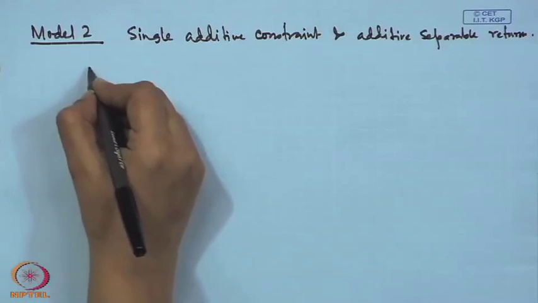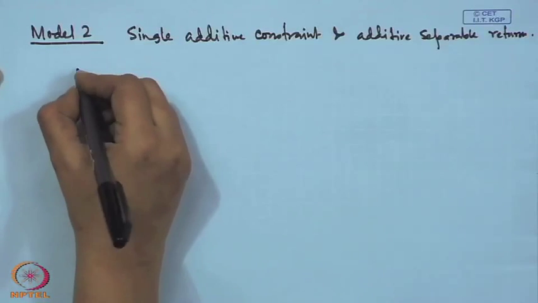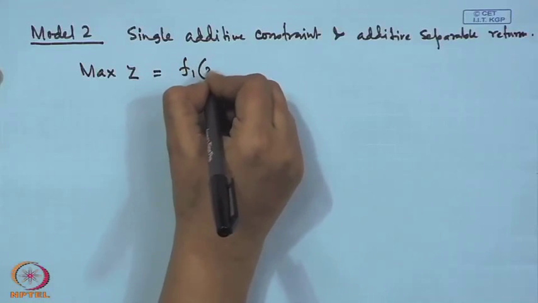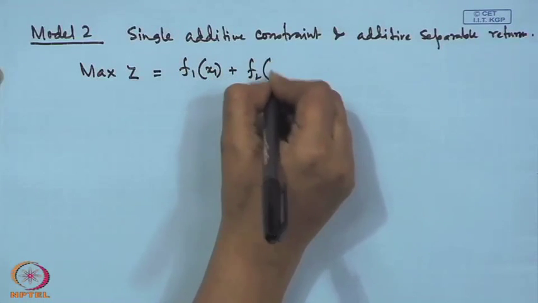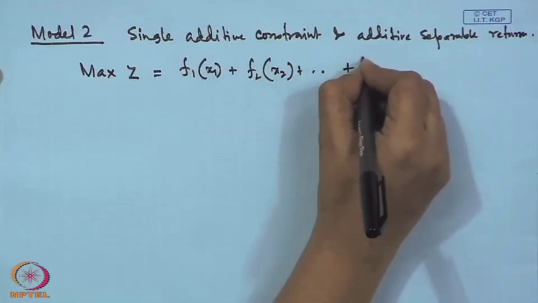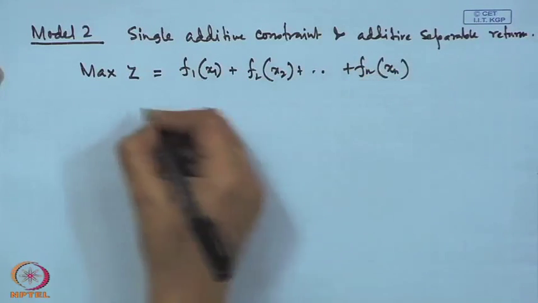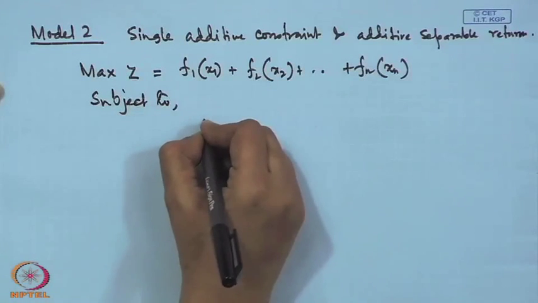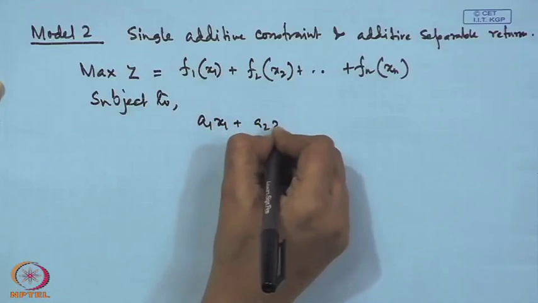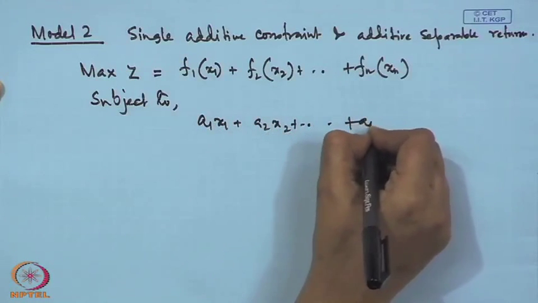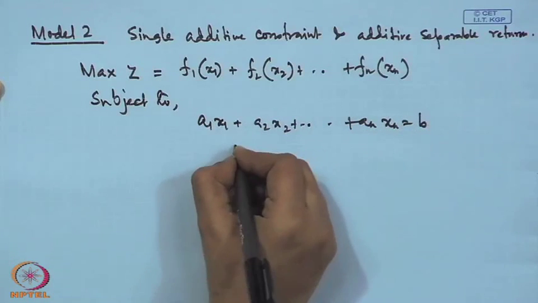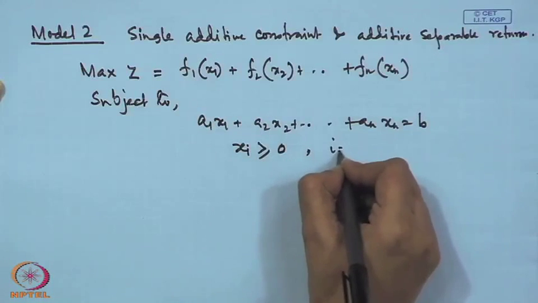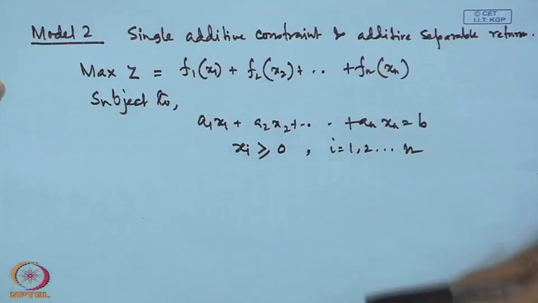Thus, the optimization problem can be considered as max z equal to f1(x1) + f2(x2) + ... + fn(xn), subject to a1 x1 + a2 x2 + ... + an xn = b, and xi's are all non-negative, that is, non-negativity constraints for i equal to 1 to n.